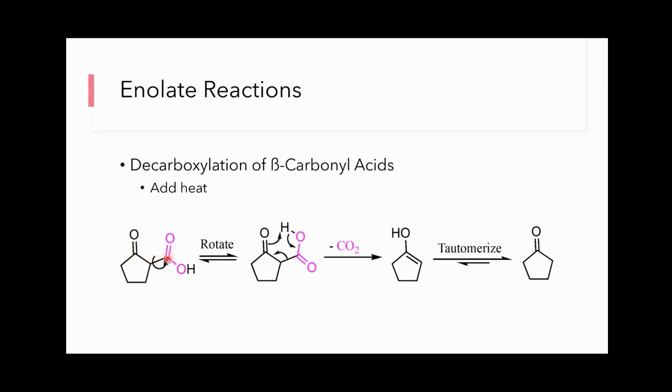If your beta carbon is a carboxylic acid, think of it just leaving. It does this exchange of electrons where CO2 is able to leave and it tautomerizes back to a ketone.